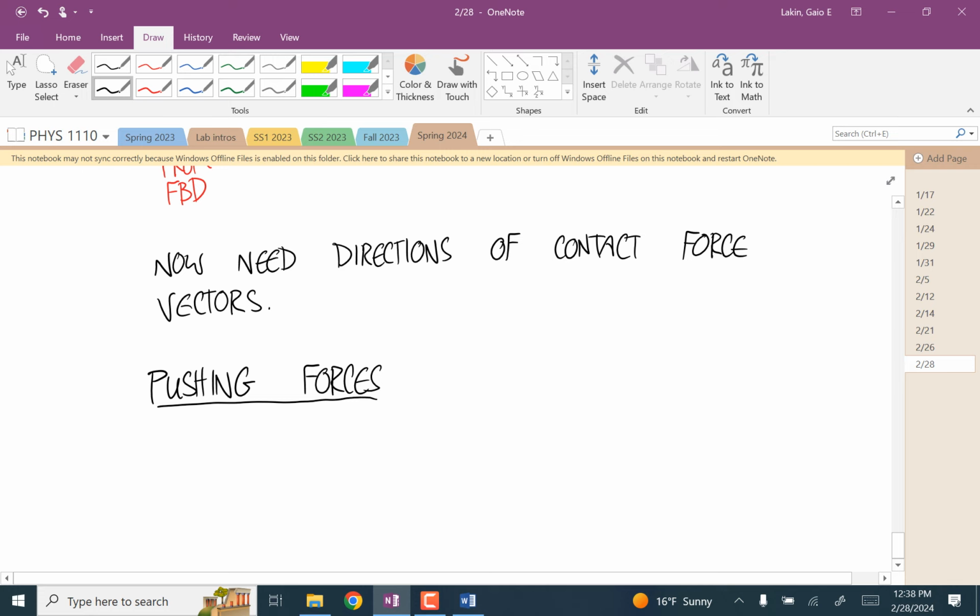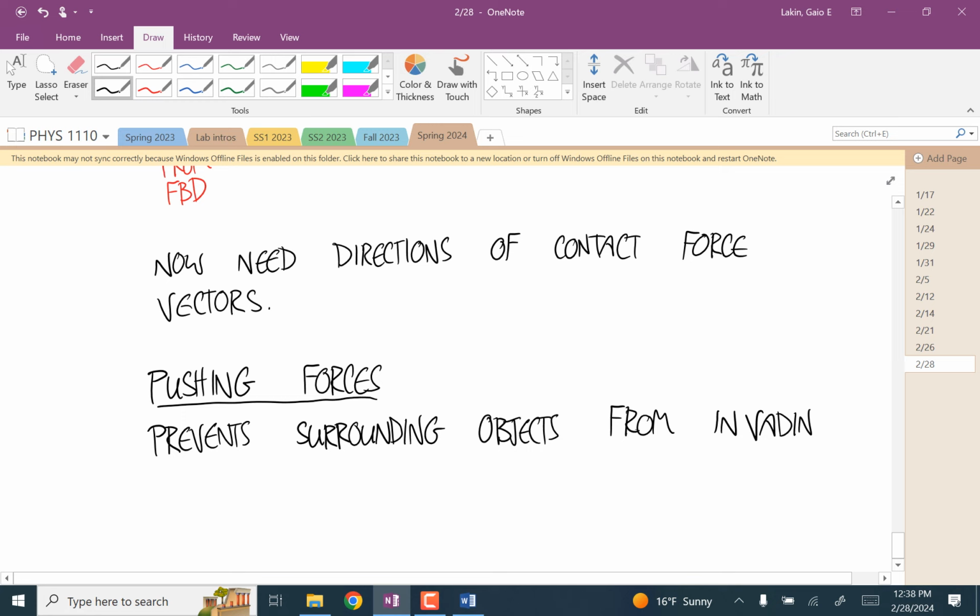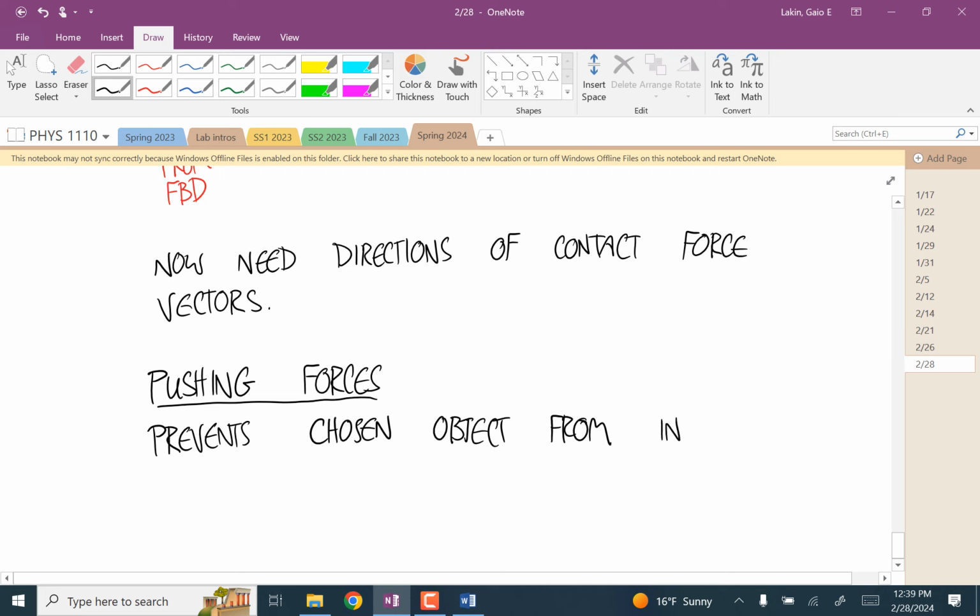So a pushing force you can think of as a force that prevents the chosen object from invading the space of the surroundings, invading the space of surrounding objects.